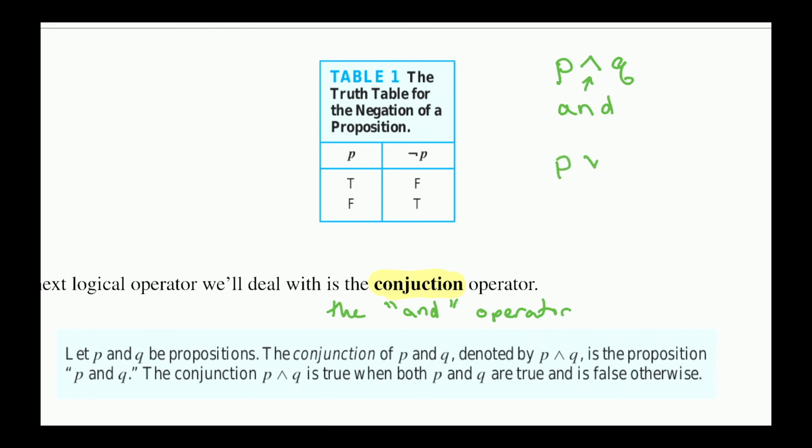The other one is like this, and that's or. But that doesn't look like anything to me, so I don't know. For some reason this idea worked: that's an N and that looks like an N. So it's like P and Q. And that's how I remember them. So there's an and, there's an or. Okay?